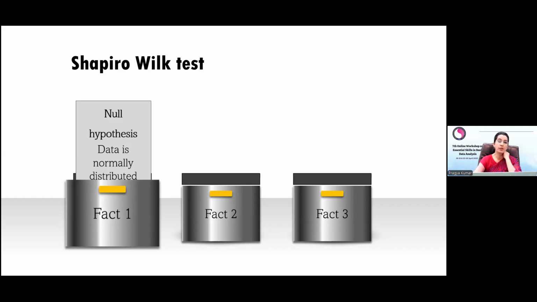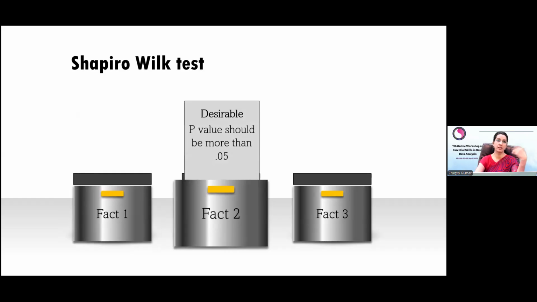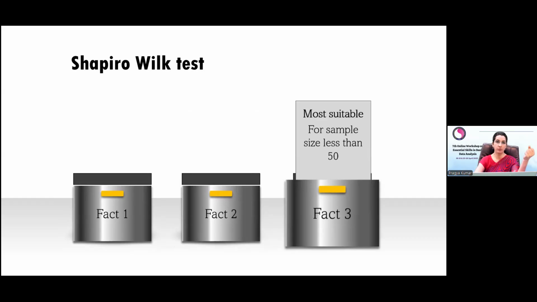And if you want the null hypothesis to be accepted, your p-value should be more than 0.05. So in this case, the desirable p-value is more than 0.05, and it is more suitable for sample size more than 50. So that is regarding the Shapiro-Wilk test.